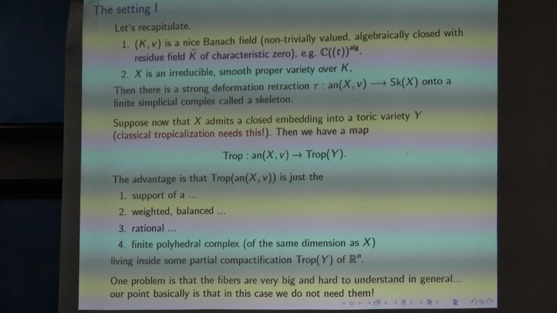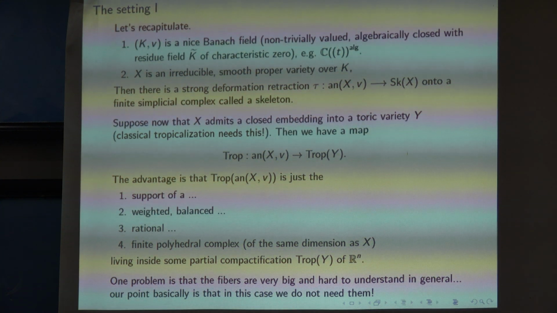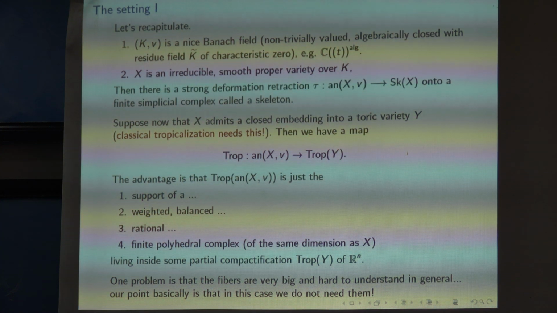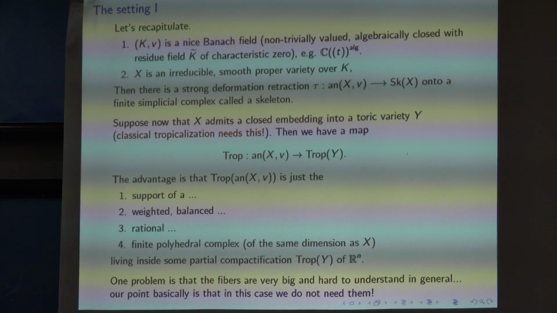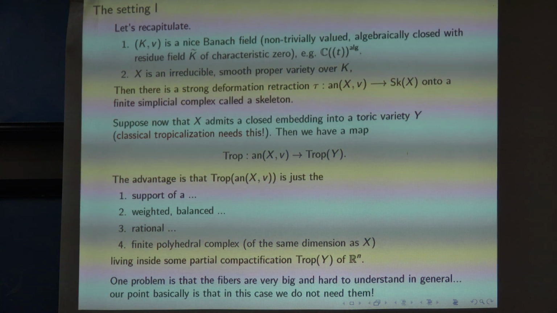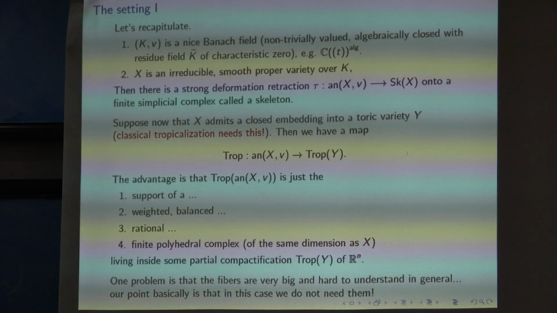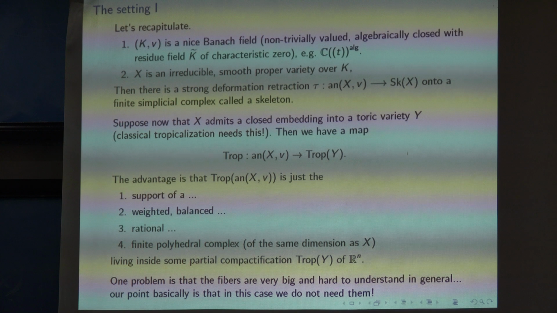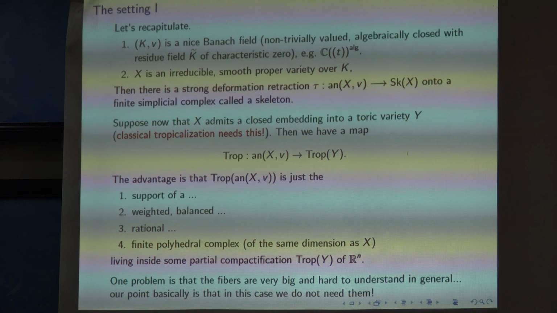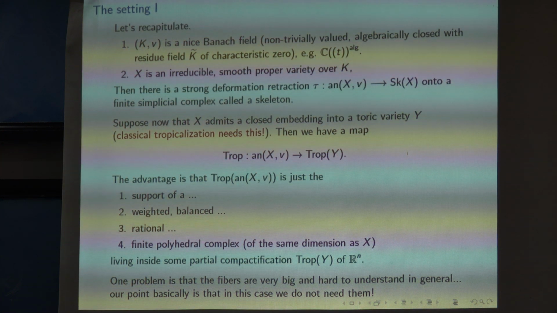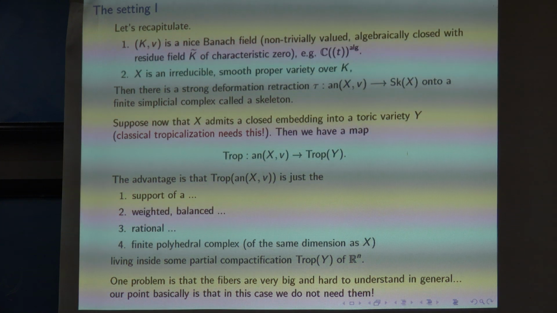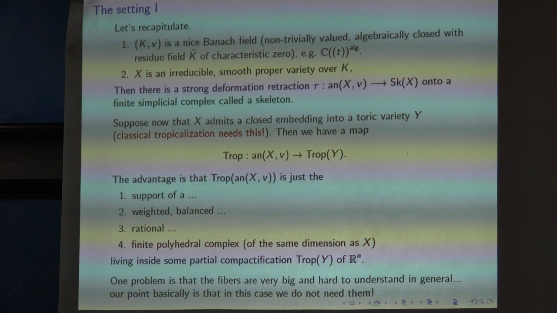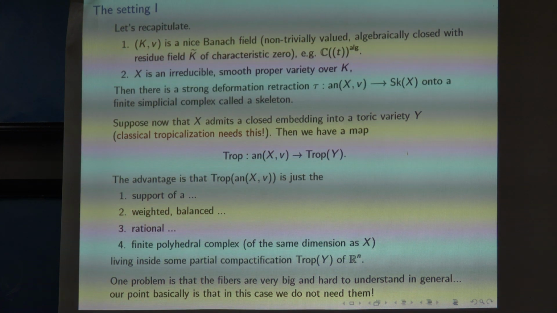Of course, everything that I have said here would be great if this could be applied to the general case, I mean, to any variety which is not embedded in a toric variety. But so far, to my knowledge, we just have tropicalizations for subvarieties that admit an embedding into a toric variety, or if your variety happens to have an open set which is embedded in some algebraic torus.